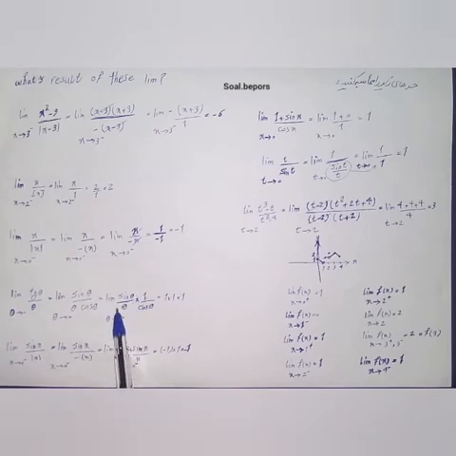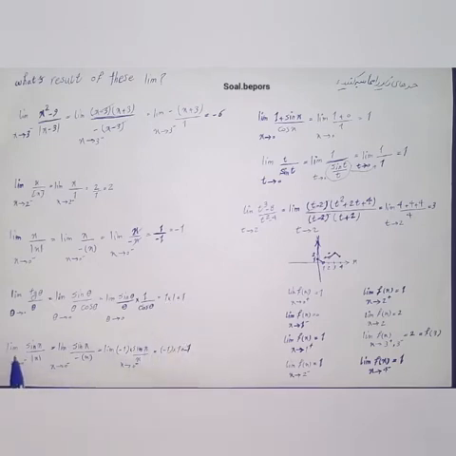Part 1 is sine theta divided by theta multiplied by 1 divided by cosine theta. The result of the first part when theta goes to 0 is 1, and 1 divided by cosine theta when theta goes to 0, cosine 0 is 1, 1 over 1 is 1, and the result is 1.